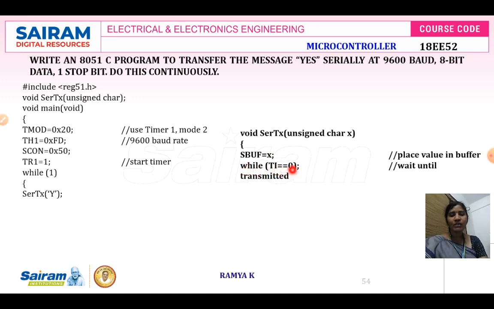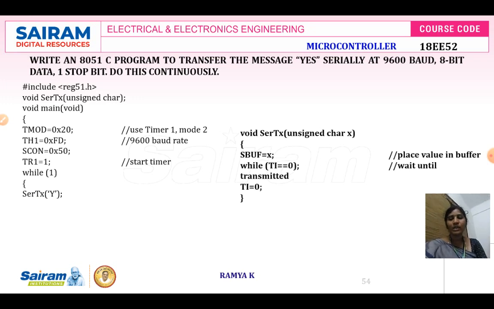This flag is checked to indicate whether the complete data has been transmitted or not. If it is transmitted, TI will be equal to 1. Then, while coming out of the loop, you have to clear the transmit interrupt flag. When you clear it, it is returning to the main function. Once this bracket is seen, it goes to the next line.